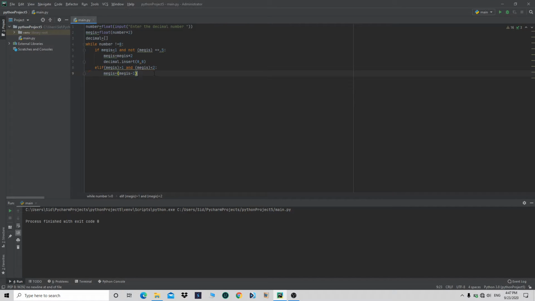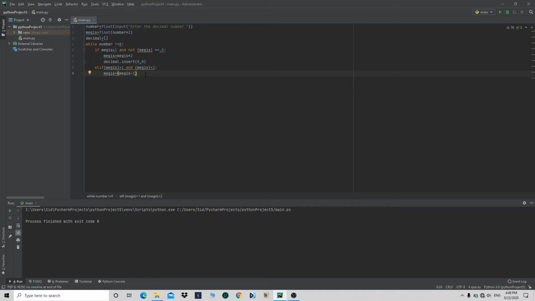We're not going to divide it by 2 because we need to multiply: if the number is 0.6 and we multiply it by 2, that comes out to be 1.2, and we're going to put 1 and subtract 1 from the number, and we get 0.2.